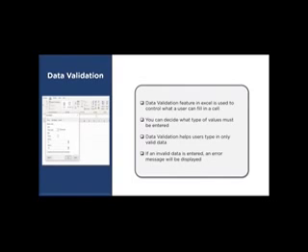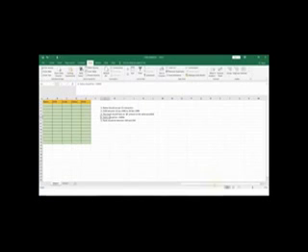So for data validation, let's see some exercises here. For example, you have a name column and you would want to restrict that the name should accept only 15 characters. Now, how do you do that? You can select the cells, or you can just select a particular cell and then later drag the property to other fields.